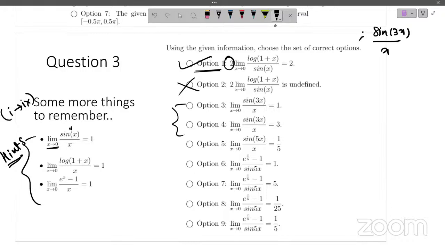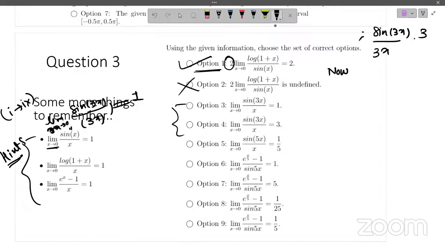I can write this as the limit as 3x goes to 0 of sine of 3x upon 3x, which is also equal to 1, right? So try to modify this term into something like sine of 3x by 3x. What we'll do is multiply by 3 and divide by 3, so you'll get sine 3x by 3x.